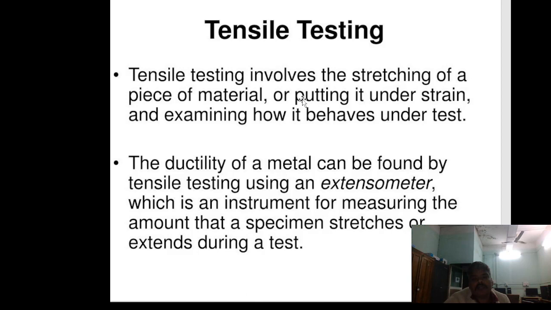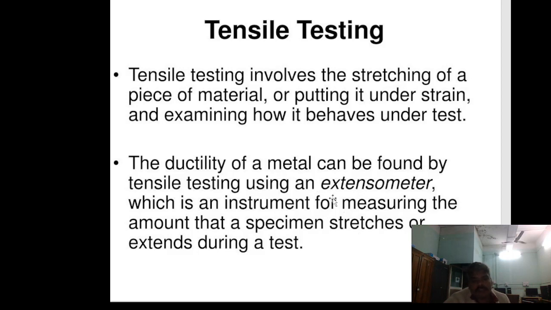Tensile testing involves the stretching of a piece of material, or putting it under strain, and examining how it behaves under test. The ductility of a metal can be found by tensile testing using an extensometer, which is an instrument for measuring the amount that a specimen stretches or strains during a test.